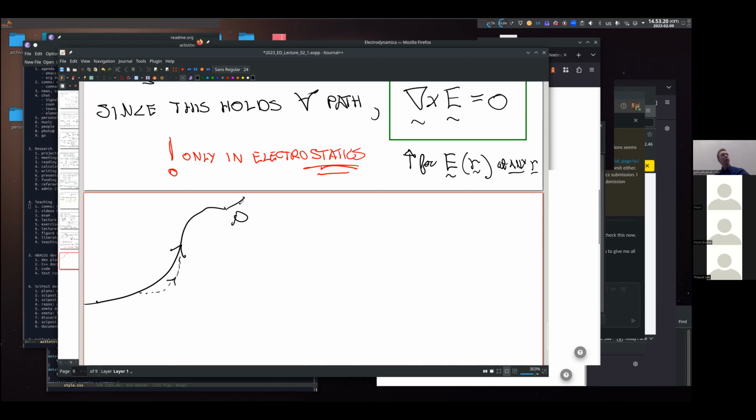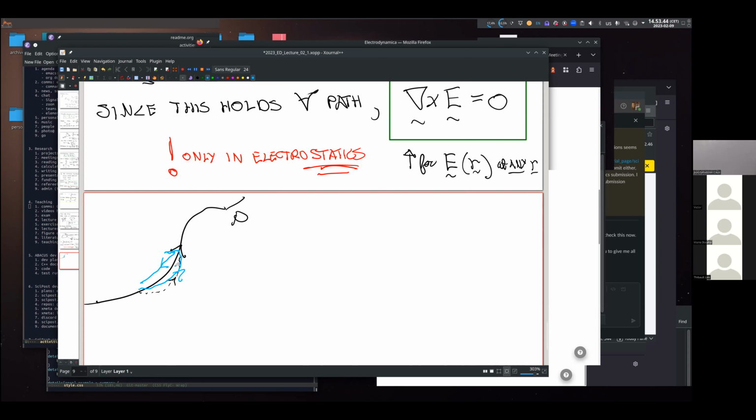What do I need to do to go from one result to the other? I need to do an integral which follows this line, and then back here. That's where the curl comes from.